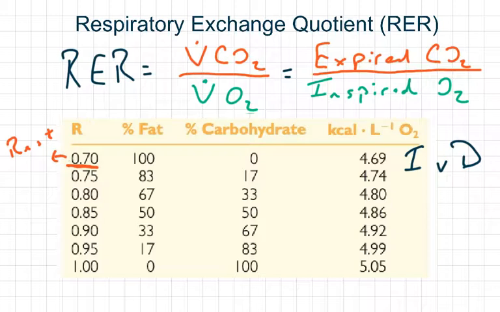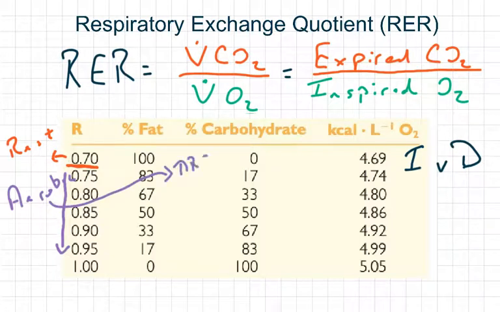And so what we see here is these values of the RER between 0.70 and 1.0 are completely aerobic. However, as this number increases, the intensity is increasing, right?